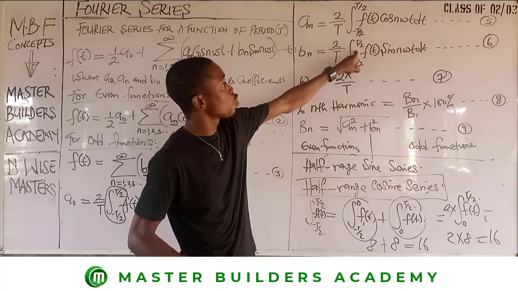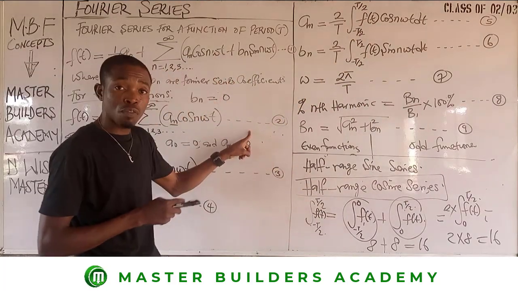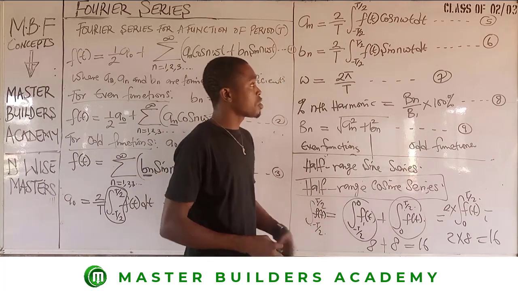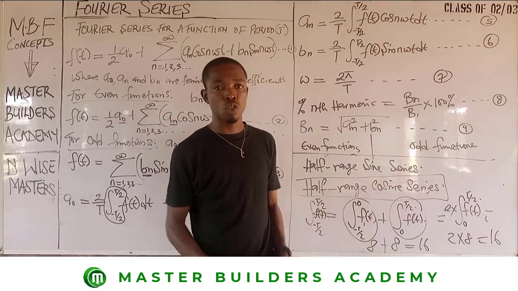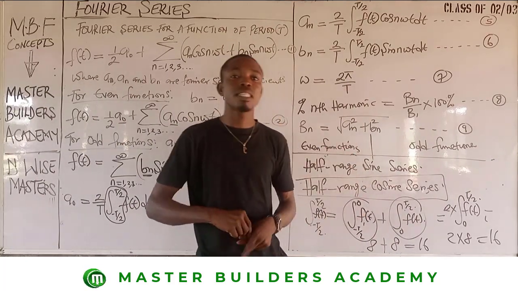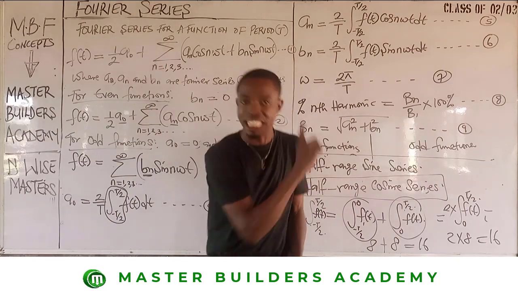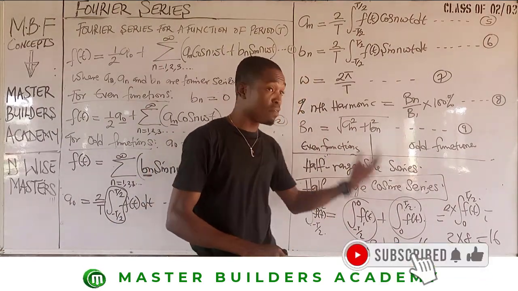The same is applicable to this and this. That's how you're supposed to do it. But because you find out that it is even function or odd function, all you just need to do, pick one of the functions, multiply it by 2, because when you solve for both, you are going to have the same result. And when you add them together, it is the same thing as taking one of them, multiplying it by 2. I hope I've been able to explain this concept very, very well.